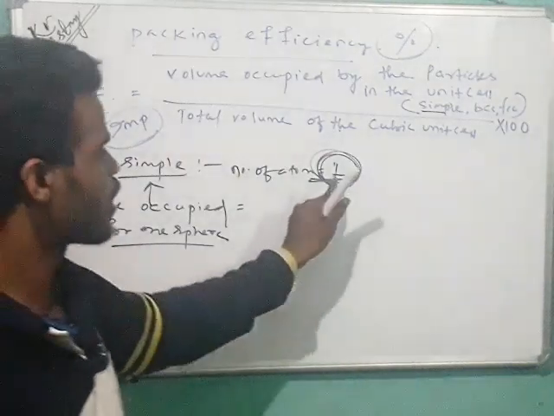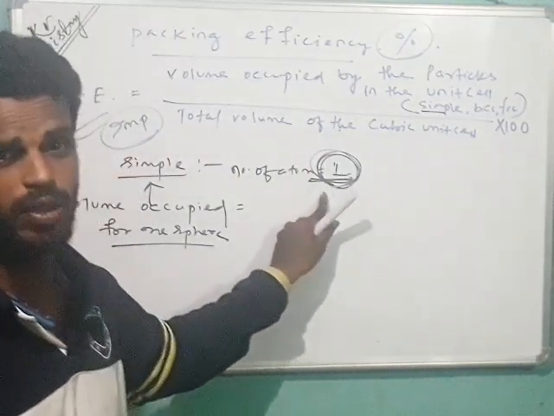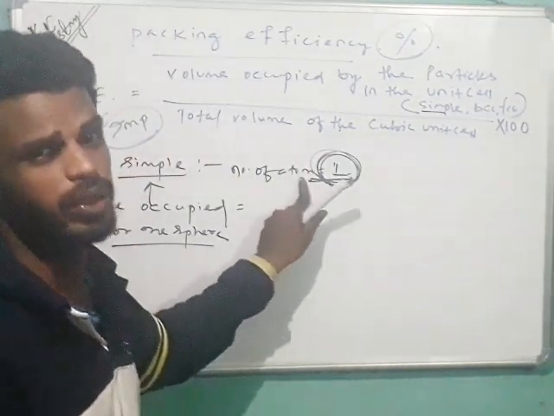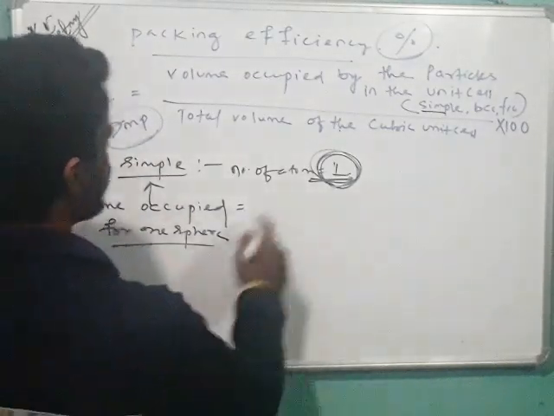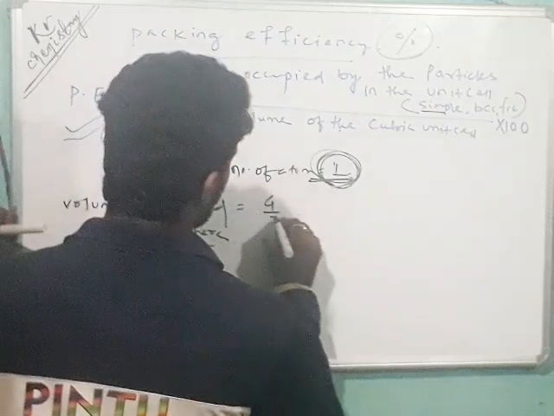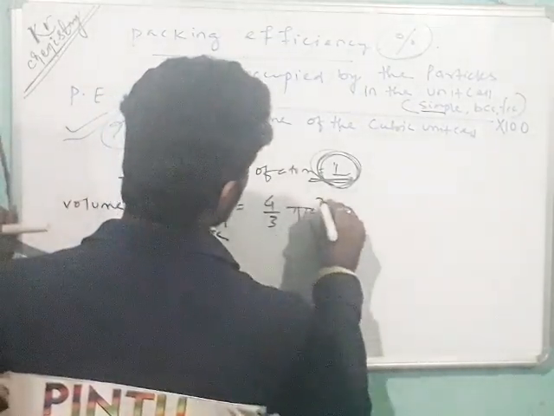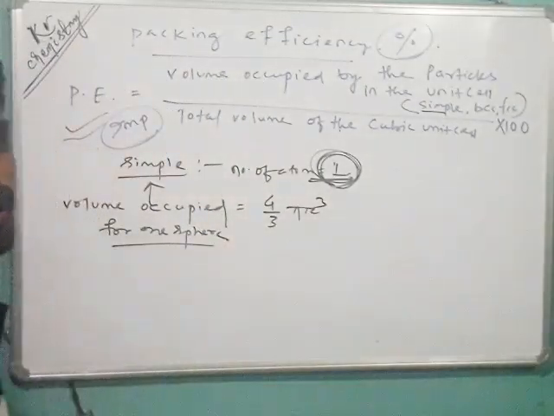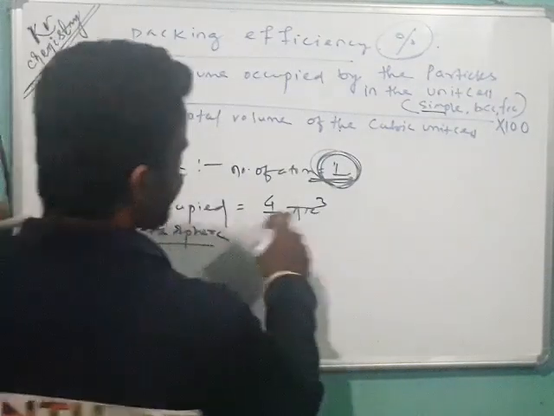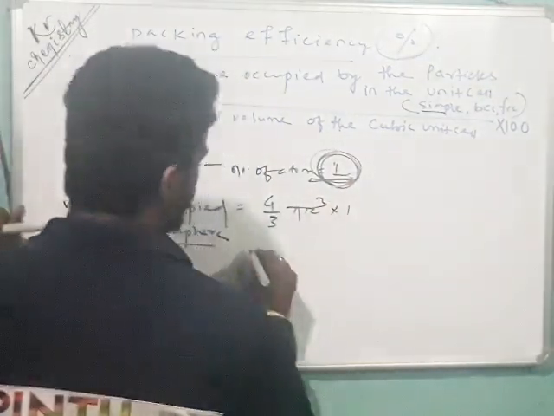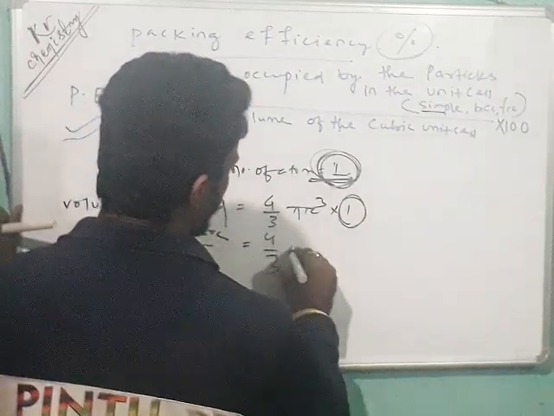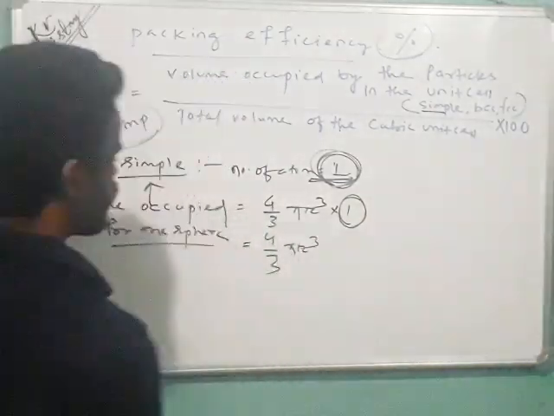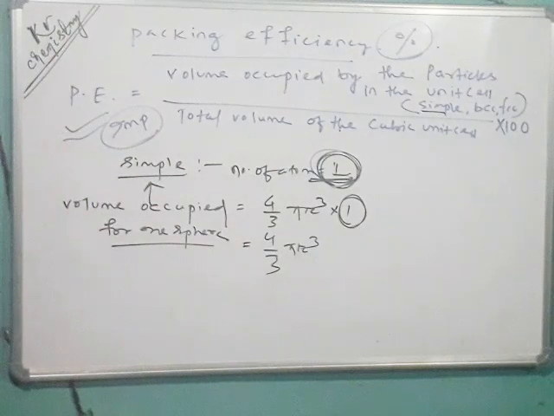The number of atoms is 1, which means there is one sphere situated in the cubic unit cell. So the volume occupied for one sphere is equal to 4 by 3. The formula of the sphere is 4 by 3 pi r cube, so 4 by 3 pi r cube into 1 is the volume occupied for the sphere.